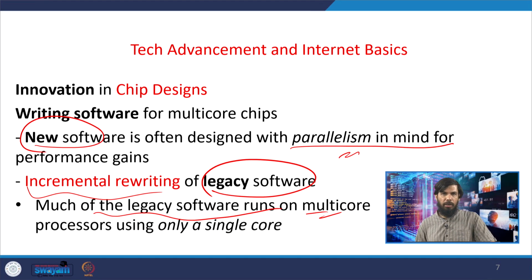So much of the legacy software runs on a multi-core processor using only a single core, right, and only incremental rewriting is happening in practice in industries among tech firms. But for new software, people are taking conscious calls in terms of writing to take advantage of parallelism and for performance gains, right. So this is the existing situation.